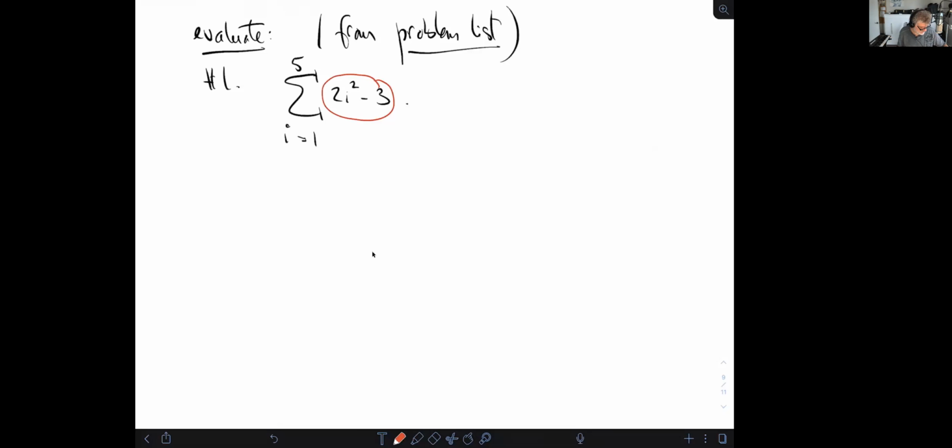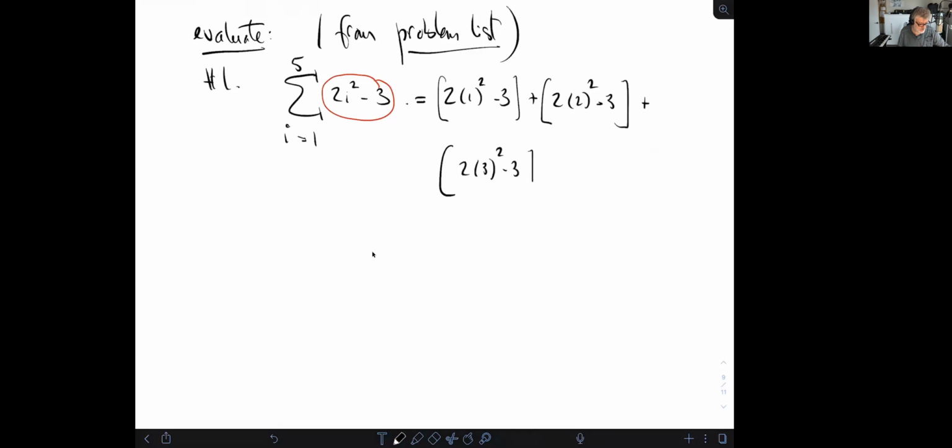So this is equal to 2 times 1 squared minus 3 plus 2 times 2 squared minus 3. So I'm evaluating at 1, evaluating at 2. I will evaluate at 3, the expression, I evaluate at 4, and I evaluate at 5.